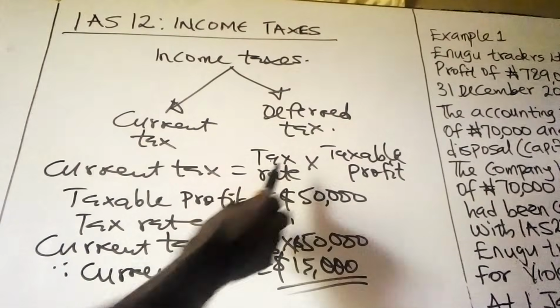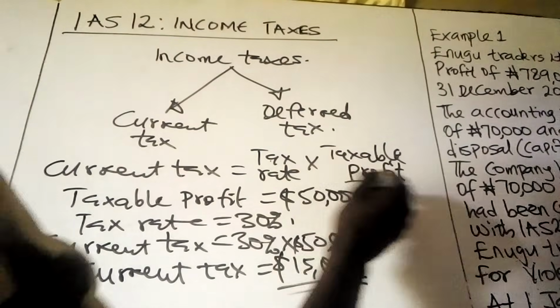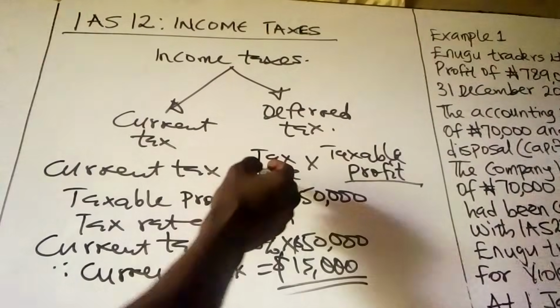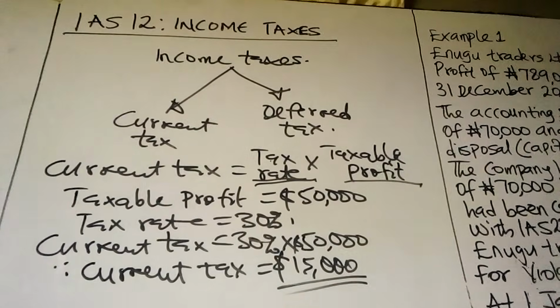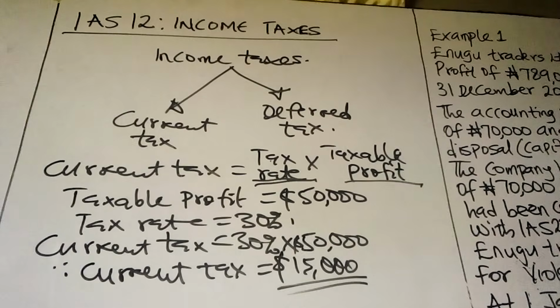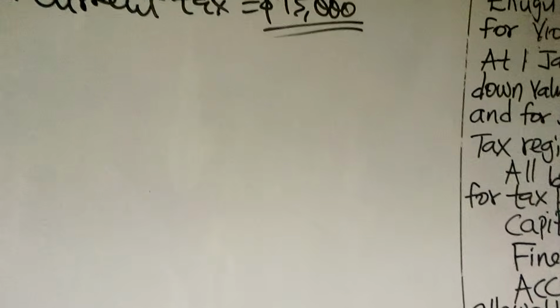We have tax rate multiplied by the taxable profit. I want you to note that the tax rate is the rate at which taxes will be payable for the period, the rate agreed by the tax authority.